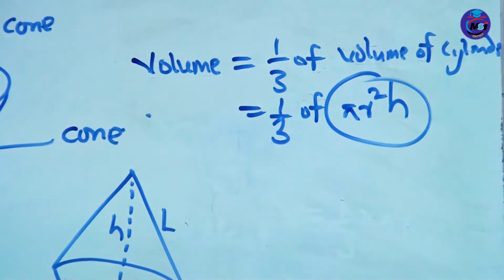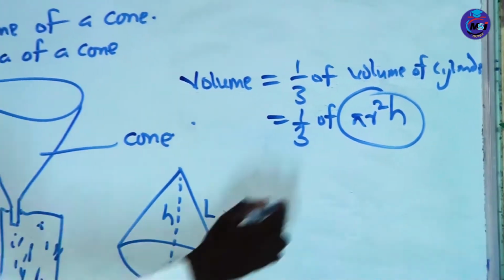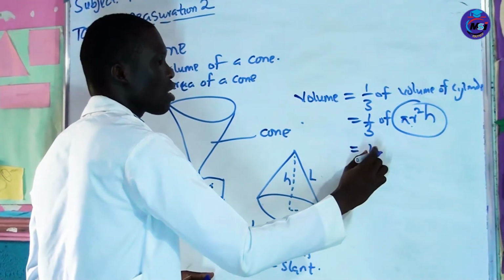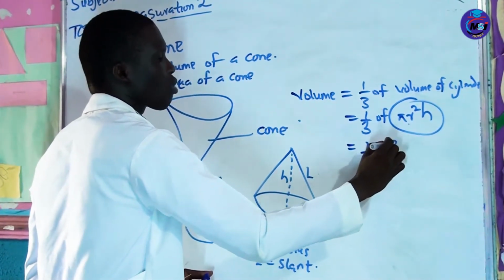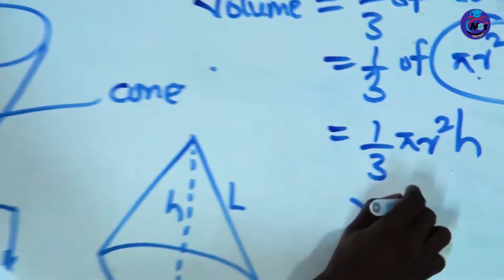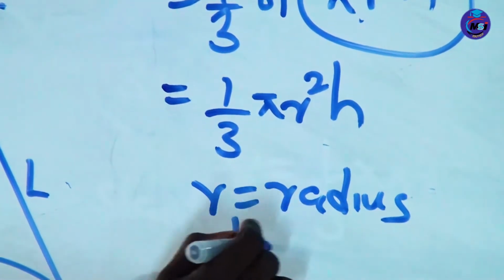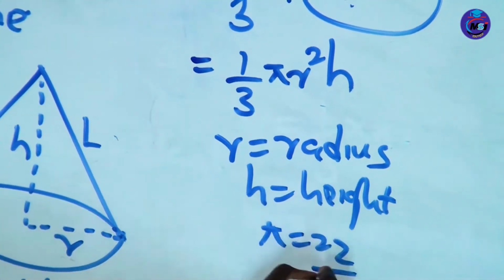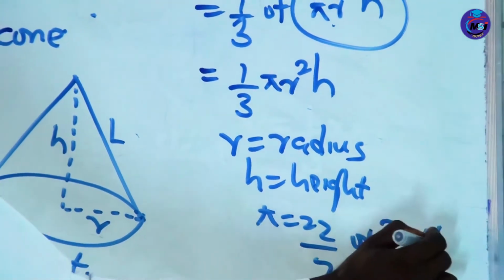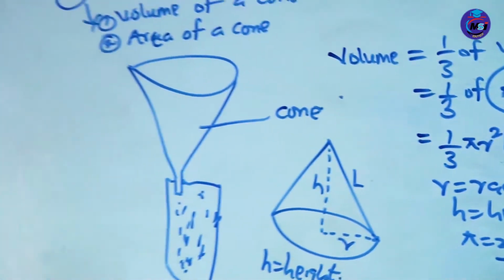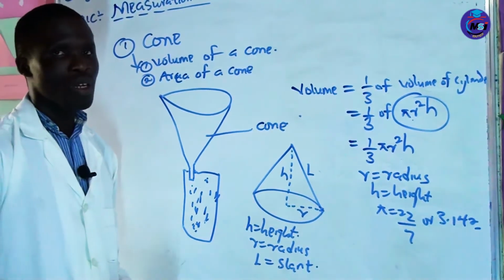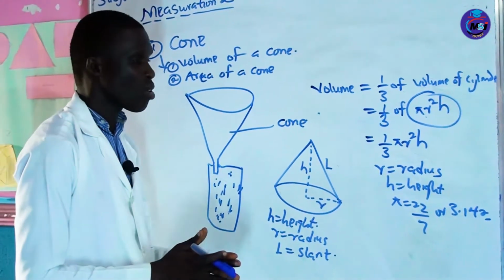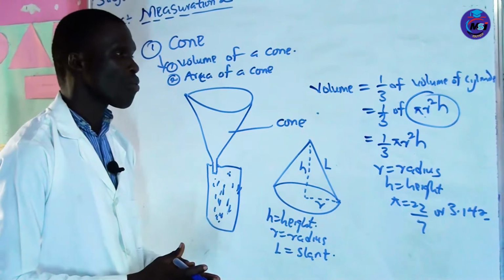Remember that the volume of a cylinder is the area of a circle multiplied by h. So this will give us 1/3 pi r squared h, where r is radius, h is height, and pi is 22 over 7 or 3.142. So this is the formula to find the volume of a cone, and I want you to really compare this so that you will not get confused with the volume of a cylinder.